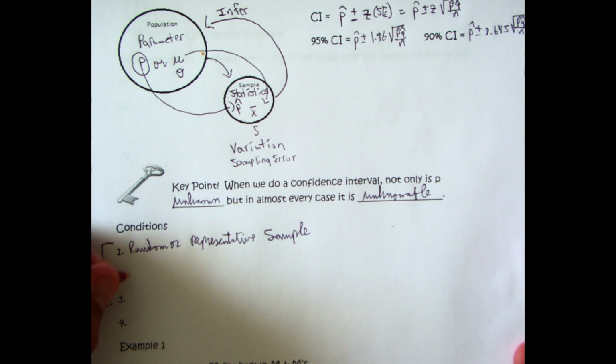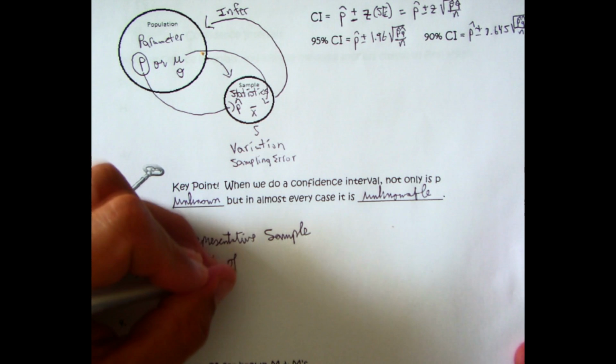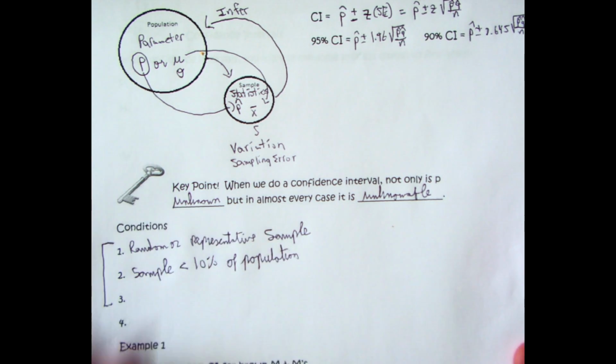The second one is that you must be sampling less than 10% of the population because you're sampling without replacement. If you sample more than that, then you can significantly change the p-value that's left in your population because you're sampling without replacement.